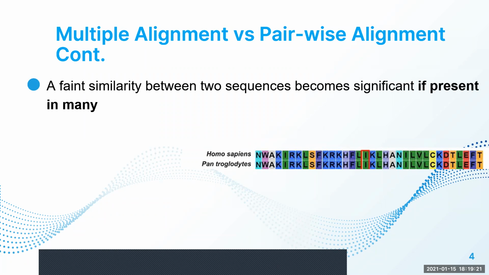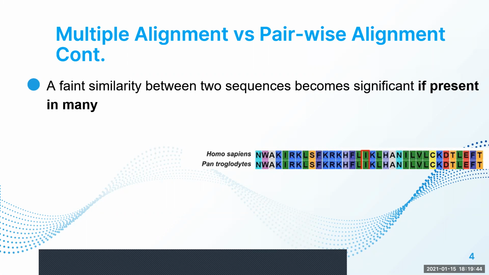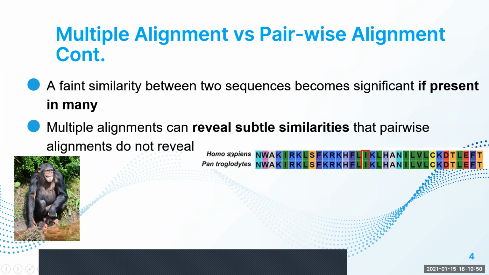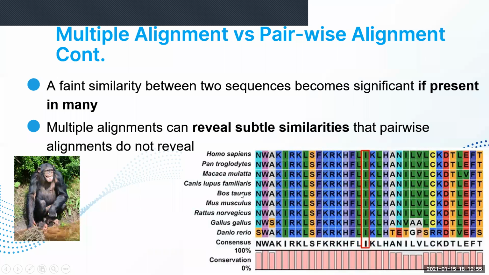Yes. Okay. If we consider two sequences like these, we can show some preserved regions, but they are not significant. The case is different if it is preserved in many columns. So that photo would be this chimpanzee. If we do multiple alignments, we can see these columns are preserved in all these sequences, all these species.